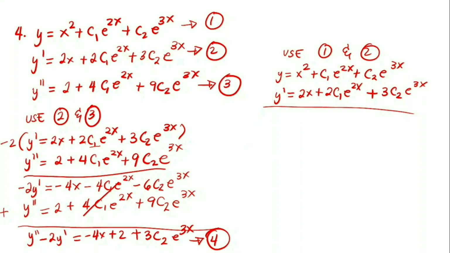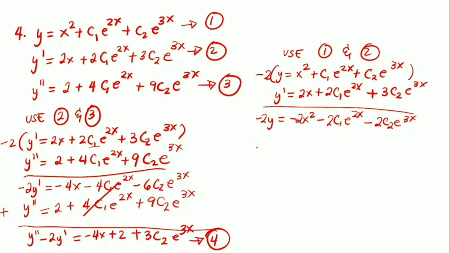So, in order to eliminate the constant 1, you need to multiply the whole equation 1 into negative 2 ulit. So, negative 2y is equals to negative 2x squared minus 2c sub 1 e raised to 2x minus 2c sub 2 e raised to 3x.